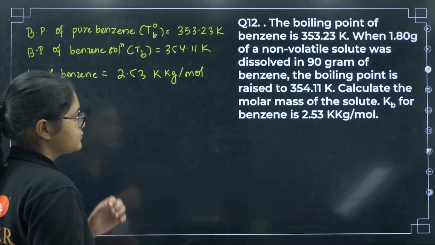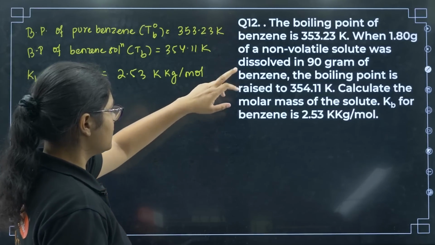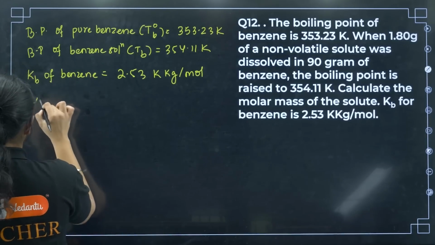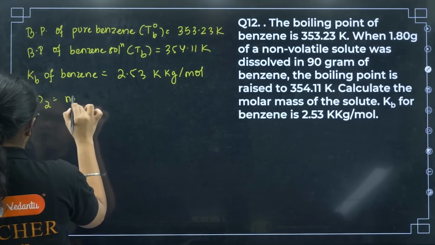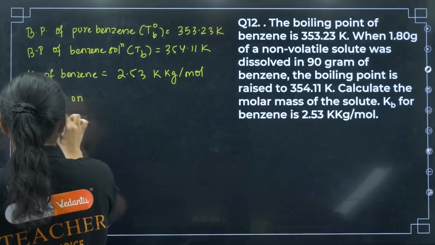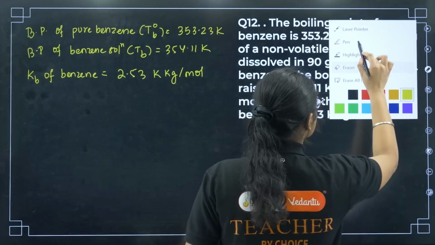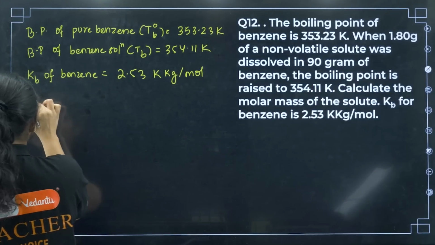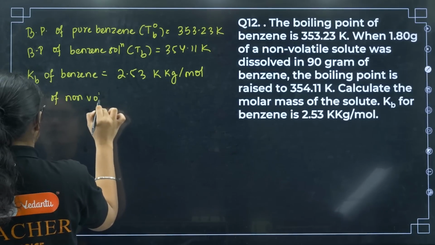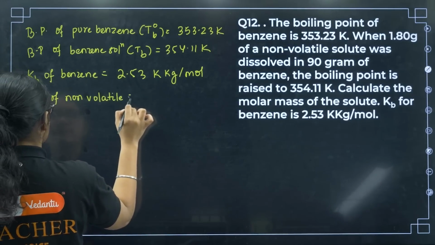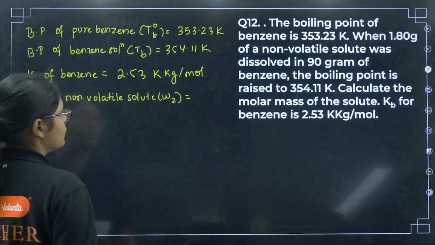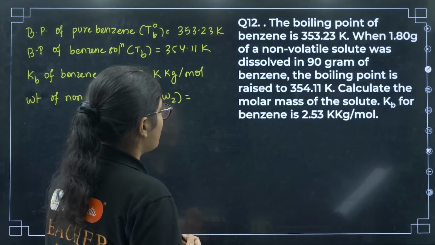Okay, next what I have here, again, 1.8 gram of a non-volatile solute. So I can write W2, the weight of non-volatile solute, W2 is equal to 1.8 gram.